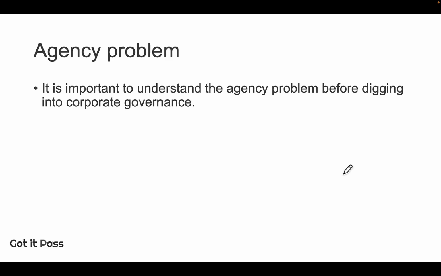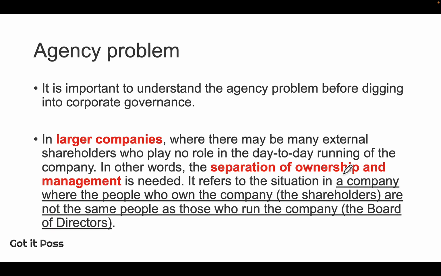Agency problem. First, what's the definition of it? The rationale behind it is we have to understand why we have corporate governance: because we have the agency problem, particularly in large companies.